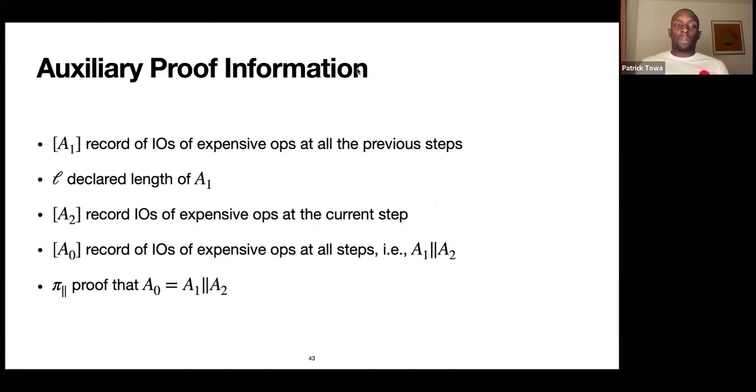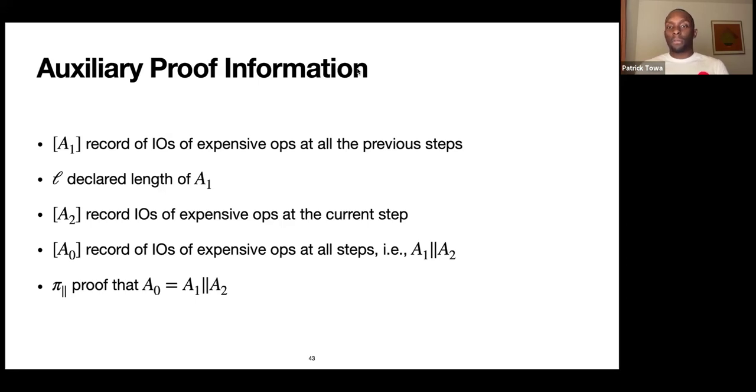So let's look at what the auxiliary proof information that we talked about is going to look like. You're going to have your commitment to the record of inputs and outputs of expensive operations at all the previous steps. You're going to have a declared length, and you're going to have A2, the record of inputs and outputs of expensive operations at the current step.